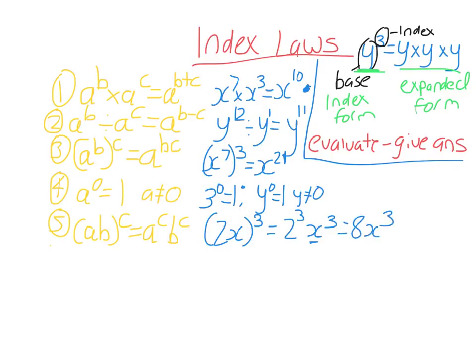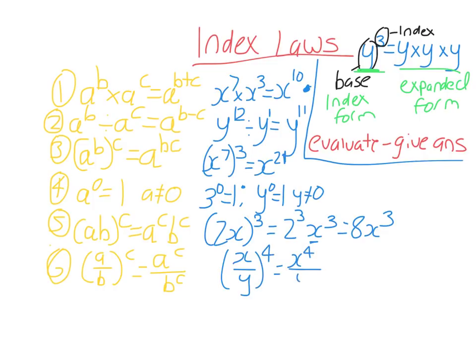Okay? So, second last index law. If you are raising a fraction to a power, you just raise the top to that power, raise the bottom to that power. So if you have something like x over y to the power of 4, just raise top to that power, bottom to that power, easy as. So the final index law involves negative indices.